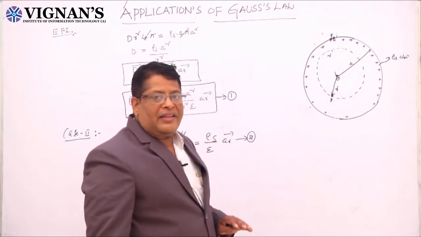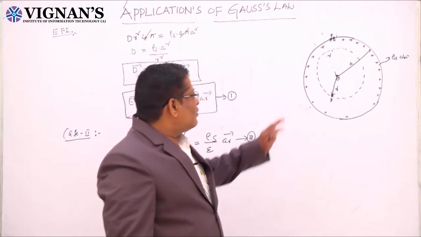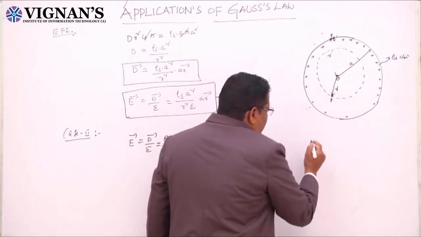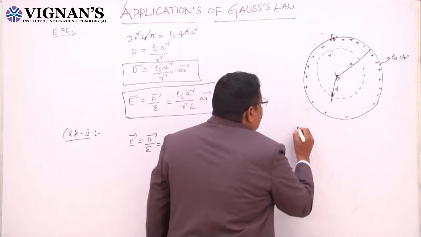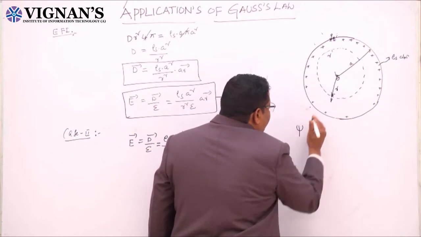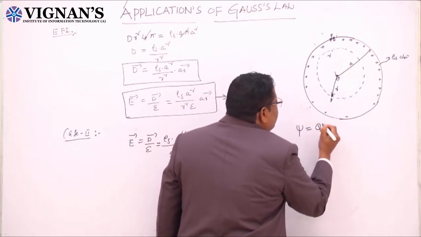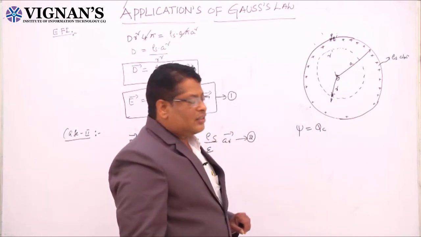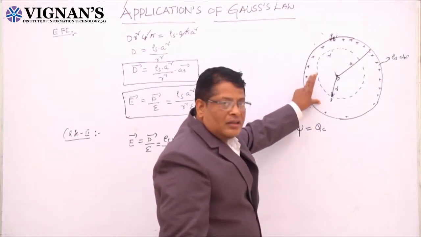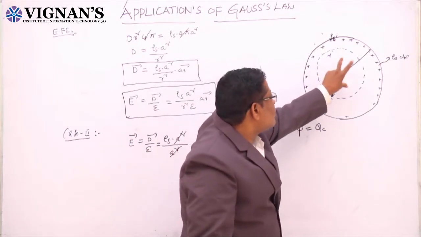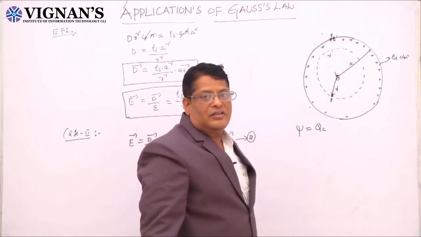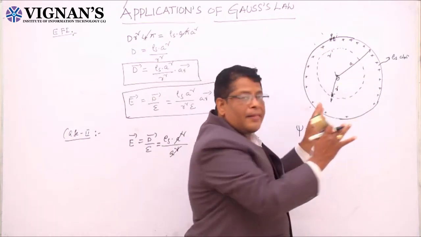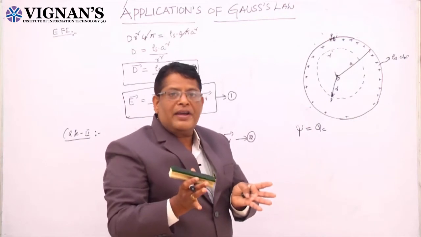Now we want to apply the Gauss law for this Gaussian surface. From the Gauss law, flux leaving from the Gaussian surface equal to charge enclosed by the Gaussian surface. In third case, this is the hollow sphere. The Gaussian surface does not enclose any charge. Hollow sphere means the charge is there only on the surface of the sphere.